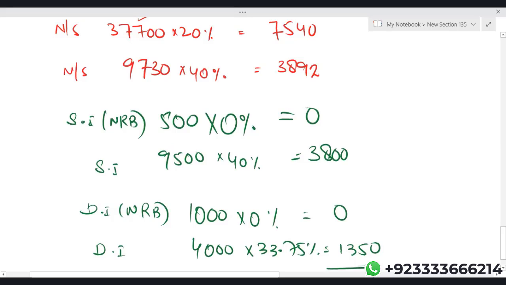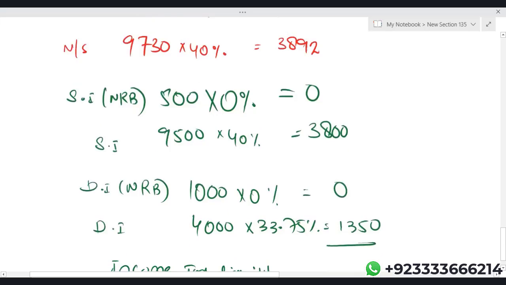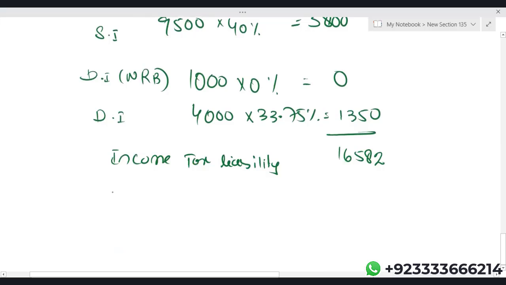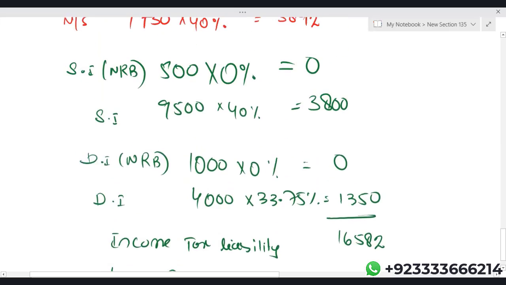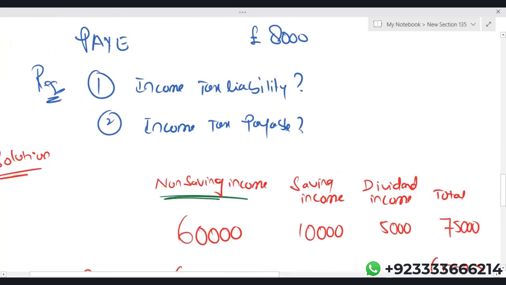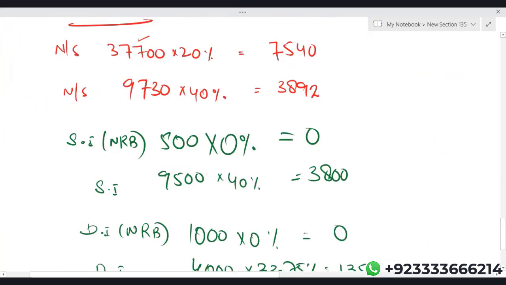Let's calculate income tax liability. 7,540 plus 3,892 plus 3,800 plus 1,350. Students, I'm getting 16,582. Less the tax which is already paid in advance, pay as you earn, and pay is 8,000.